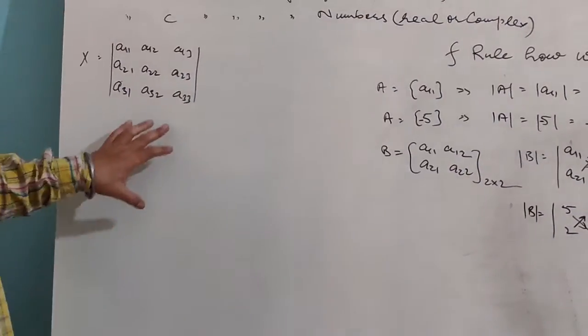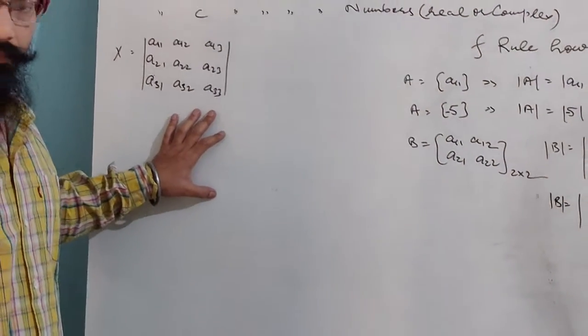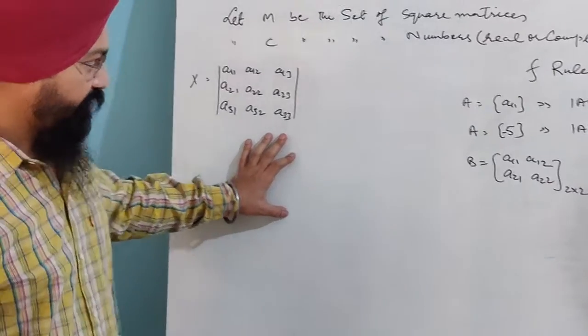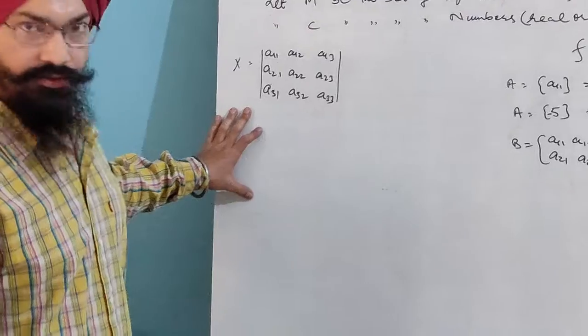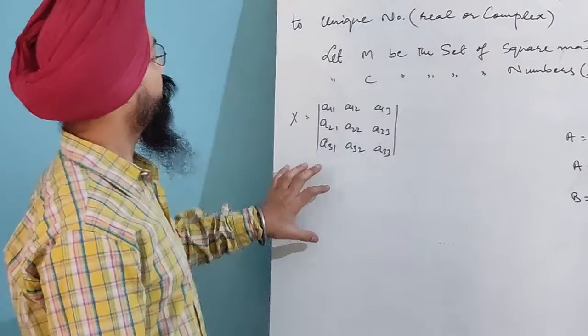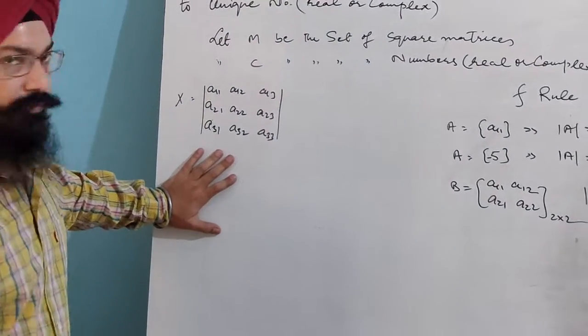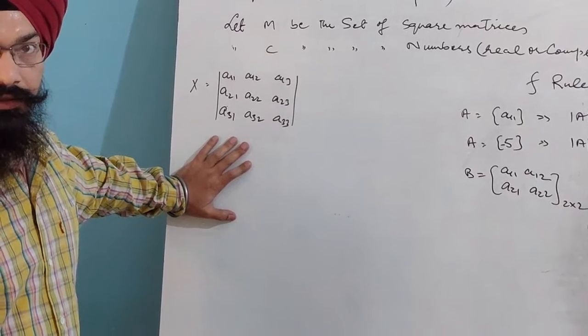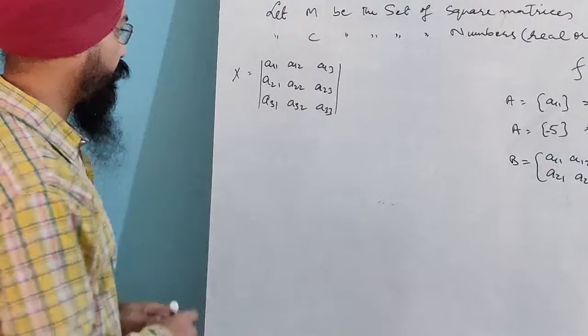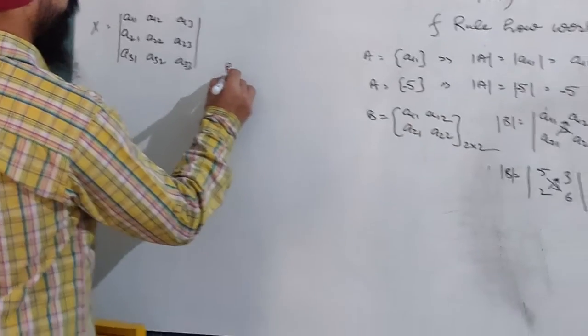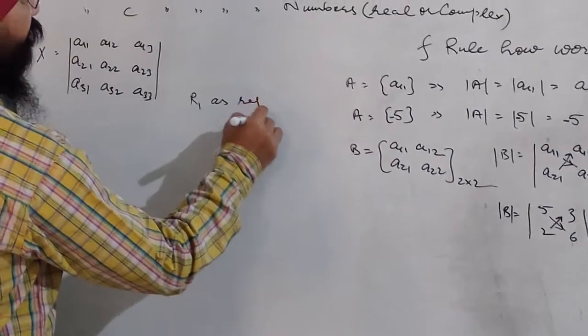To evaluate this determinant is not so easy as for order 1 by 1 or 2 by 2, but it is also not a tedious task. In order to evaluate this determinant, you will have to take any row or any column as a reference. I take R1, the first row, as the reference row.